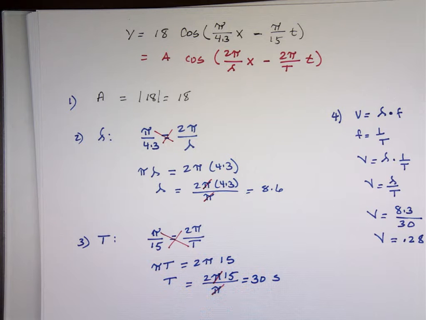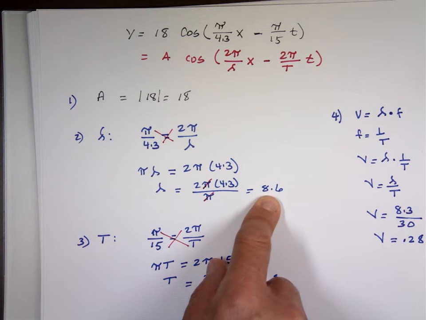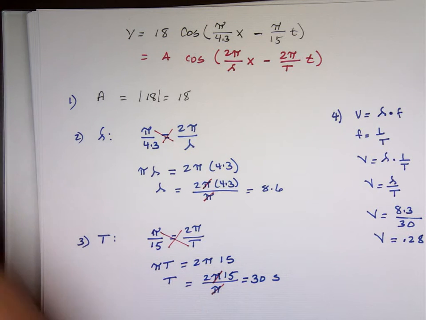It says try again. Double check my numbers. Divide them again. 8.6. Sorry, lambda is 8.6. I don't know where the 3 came from.